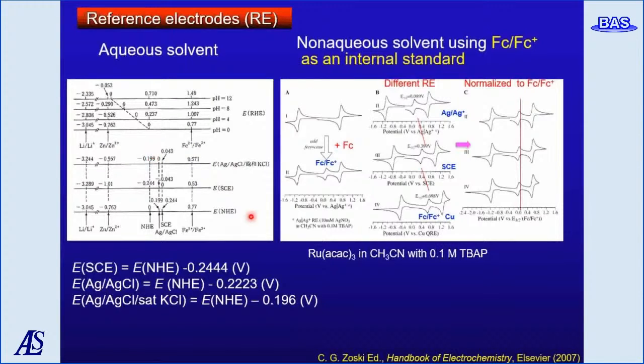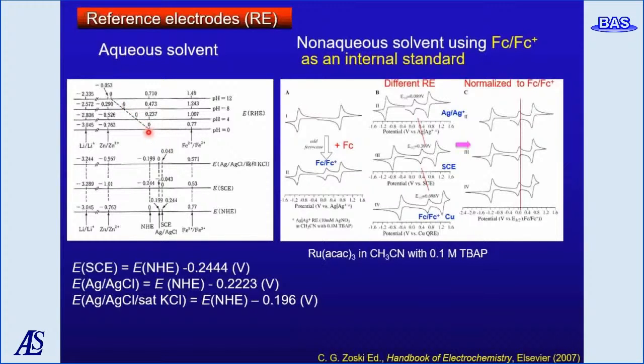The conversion equation between the two is as shown here. Note the hydrogen electrode potential is 0 volt when the solution pH is 0, but the potential also shifts when the pH of the solution changes.